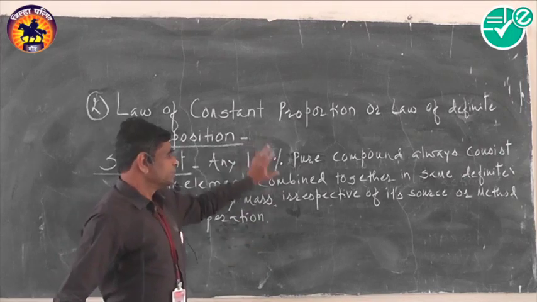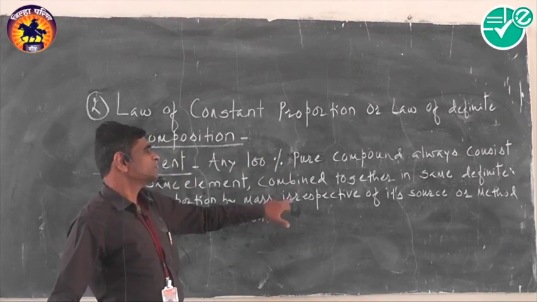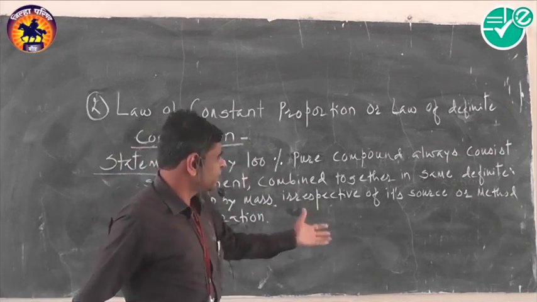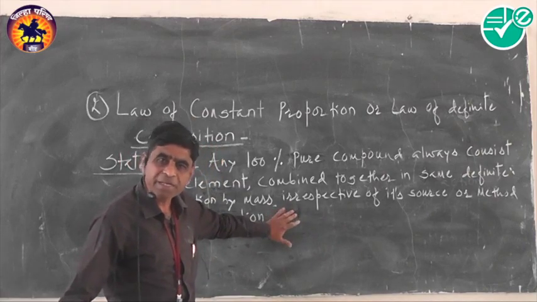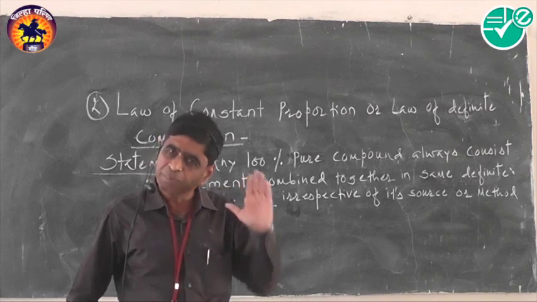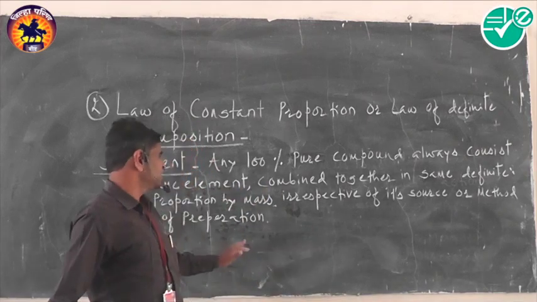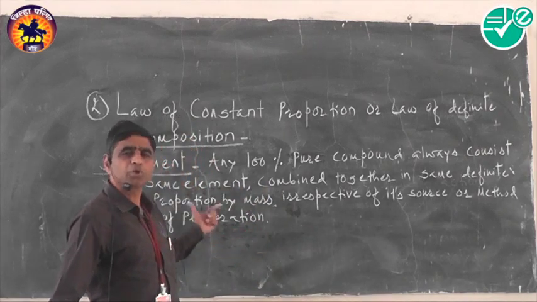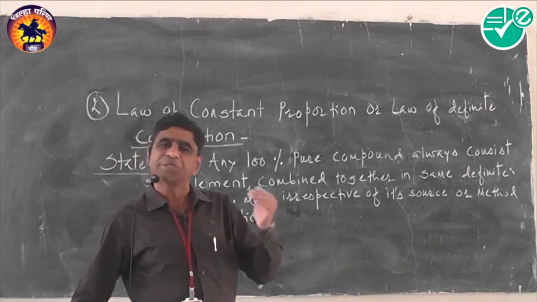The nature of elements and the percentage of elements in a given compound is independent of the method of preparation of the compound, as well as independent of the source from which that compound is obtained.